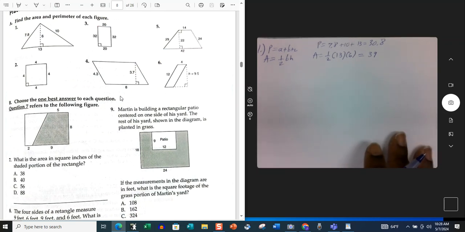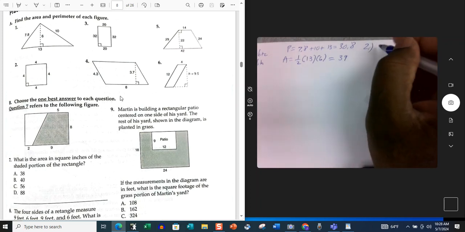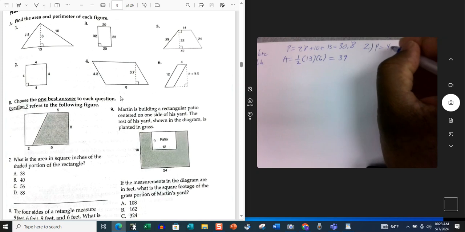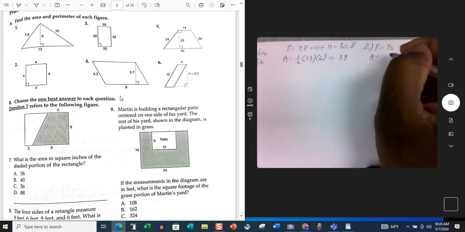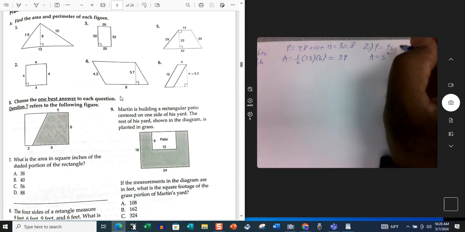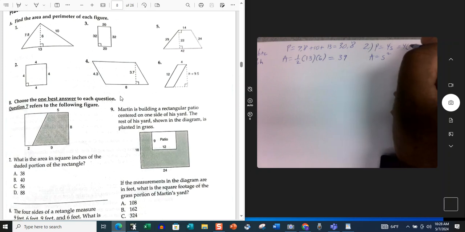Problem number 2. We have a square. So we know the perimeter of a square is 4 times the side, and the area of the square is the side squared. So we have 4 times the side, which here is 4.